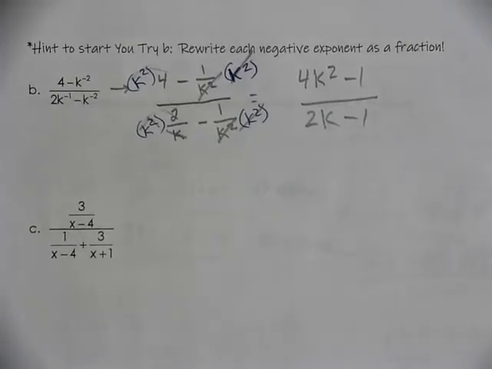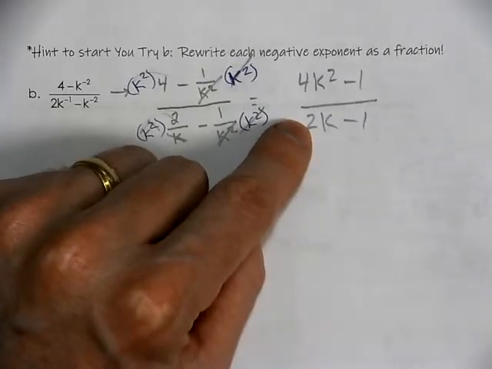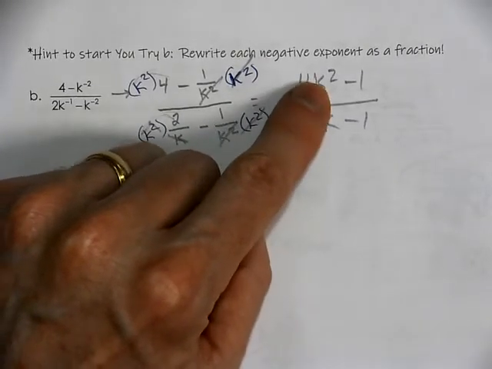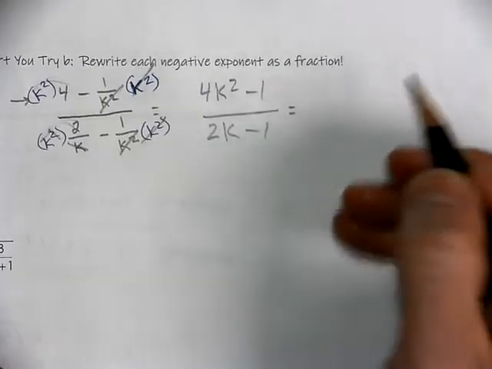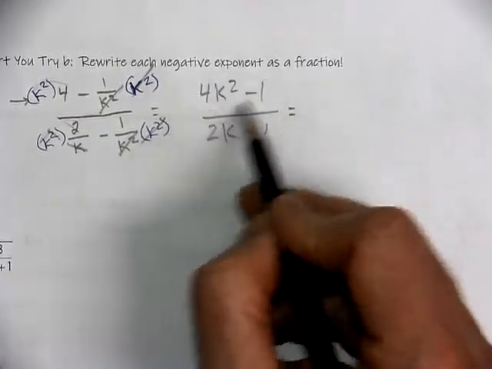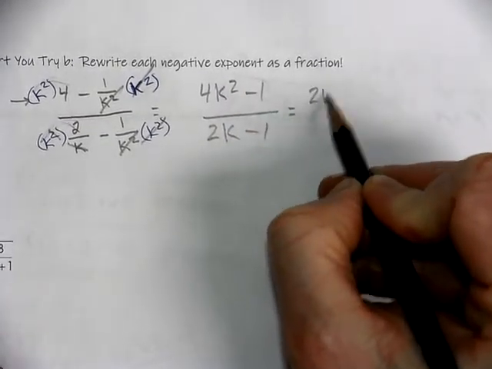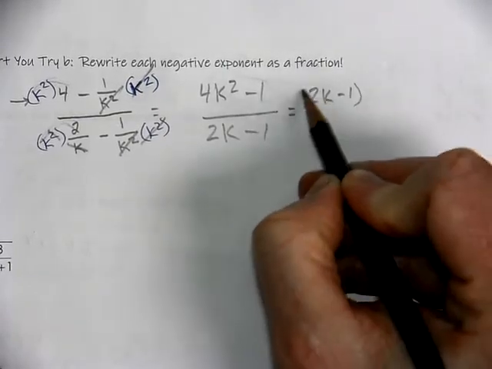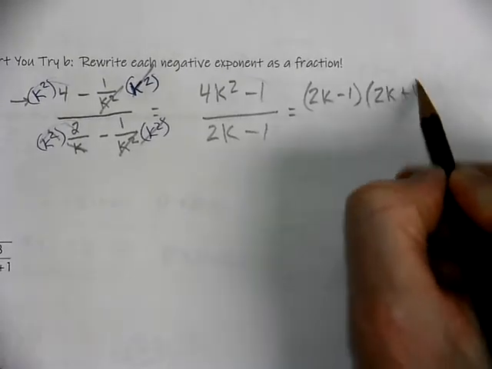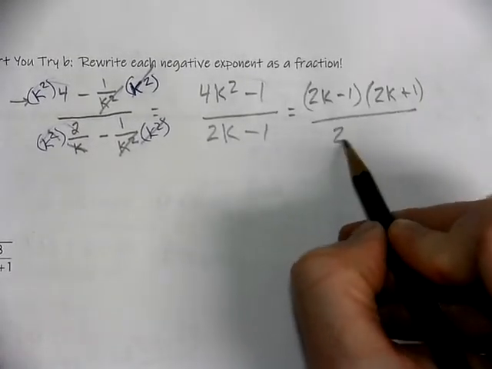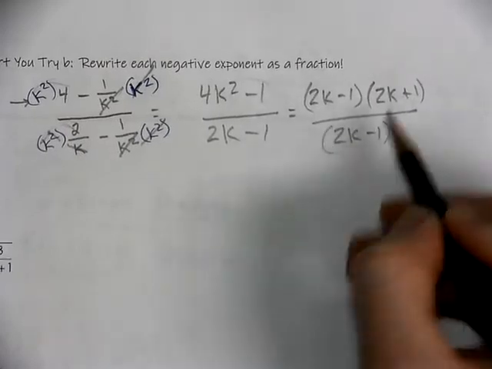And hopefully here you don't make the mistake and think that 2 goes into 4 and k goes into k and 1 goes into 1. That is not how this is getting simplified. We can simplify this by recognizing this is the difference of two squares, 2k plus 1 over 2k minus 1.